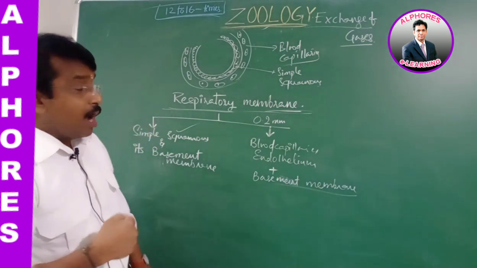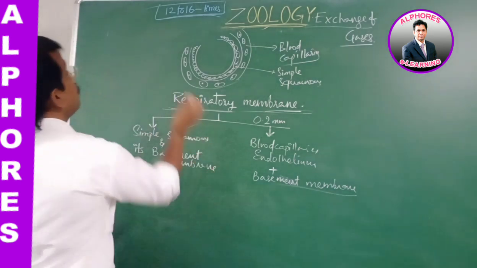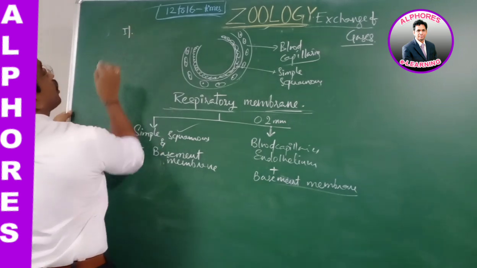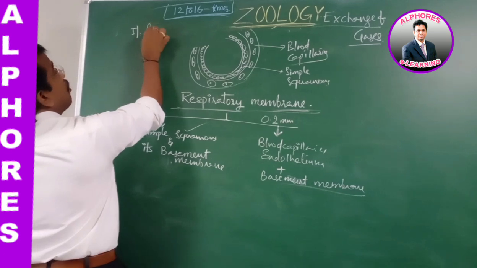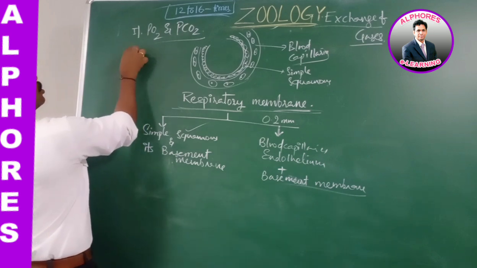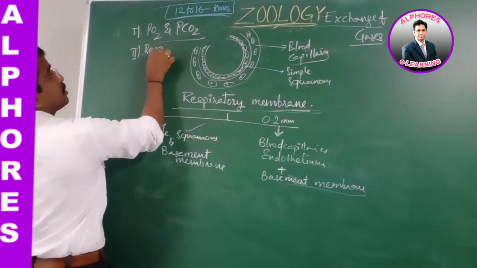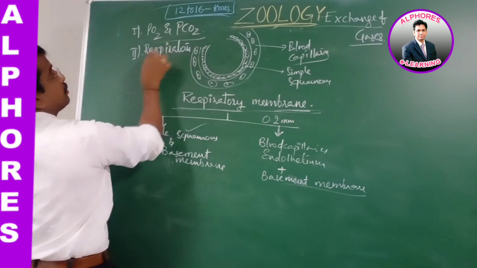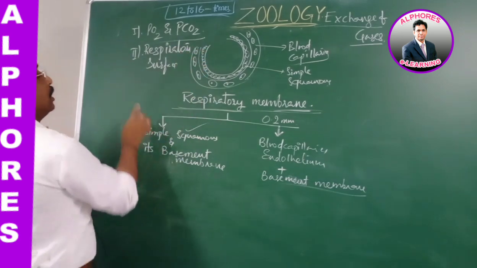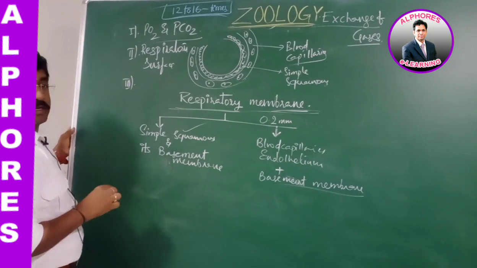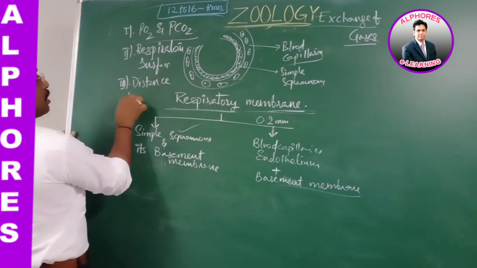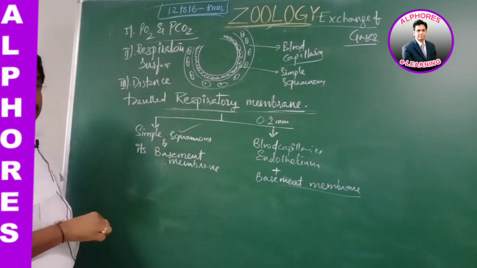Now the question is, how does this exchange take place? Exchange of gases depends on, one, the concentration gradient, that is the partial pressure of oxygen and the partial pressure of carbon dioxide. Two, the respiratory surface. Next, the third one is the distance traveled by gases.